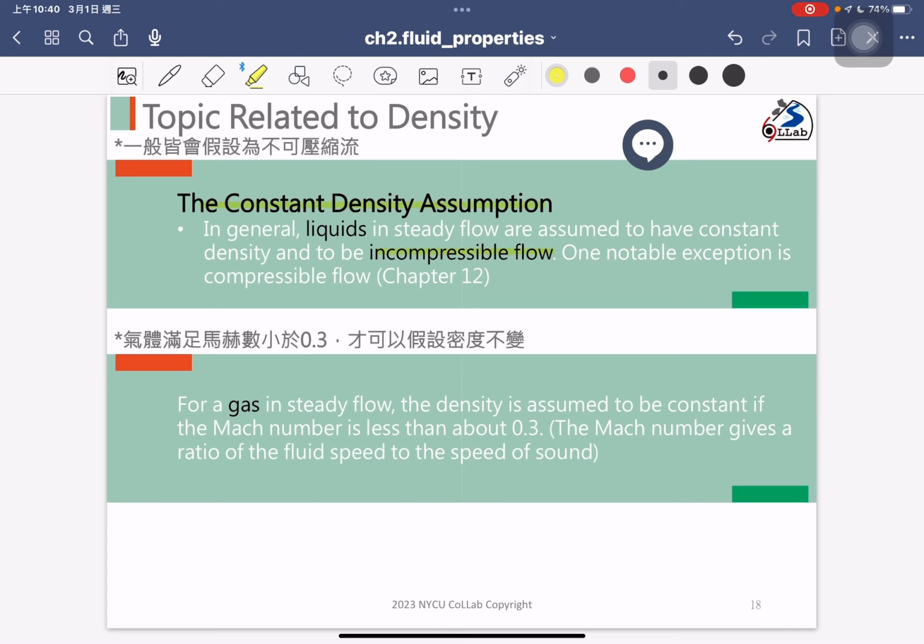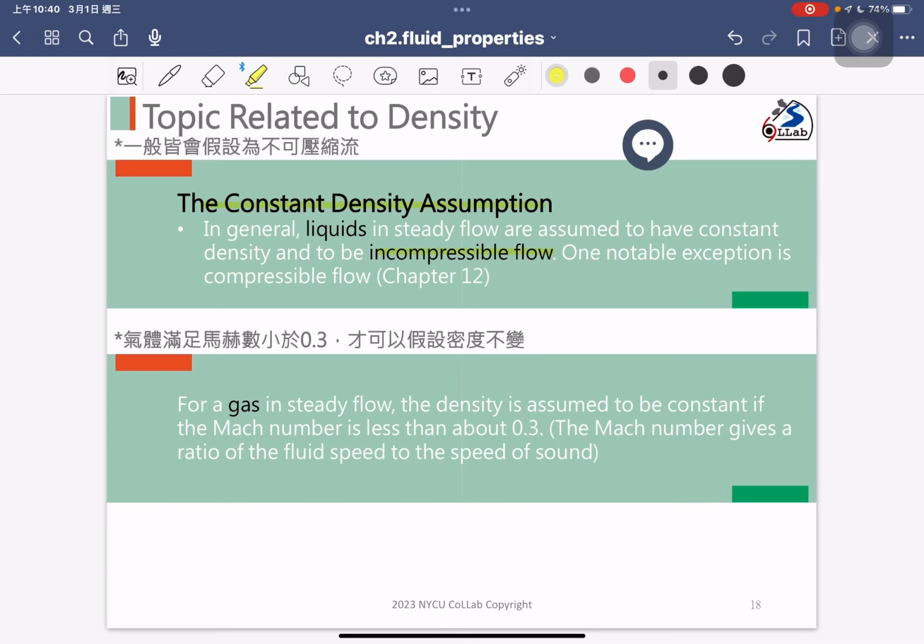It is for liquids, especially water. But for gas, you cannot always say the gas cannot be compressed, because, as I showed in one example, the material is air, and we know that certainly we can compress air.